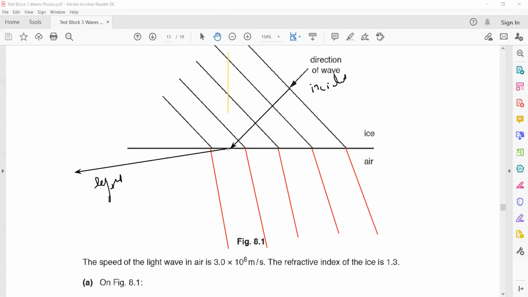I will draw the normal and I will label the angle of incidence and angle of refraction. So this one is the angle of incidence and this one is the angle of refraction. Is it clear? So this is what you have to do for this question, in which you represent the angle of incidence and angle of refraction.